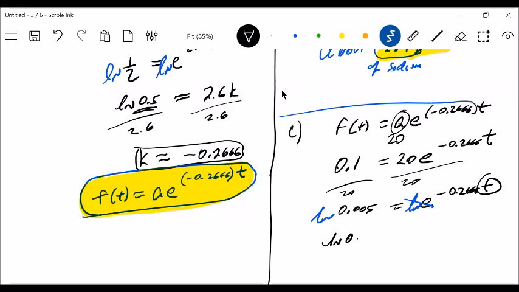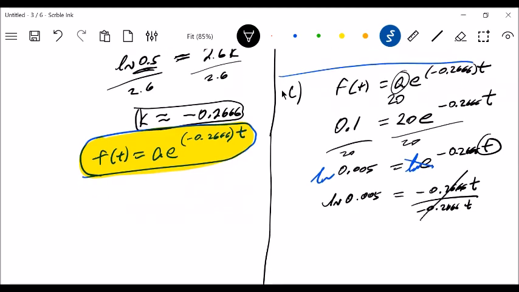So we have the natural log of 0.005 is equal to negative 0.2, and all those sixes, T. So here, since we're dividing by it, we have to divide the other side by it. So T is approximately 20 years.